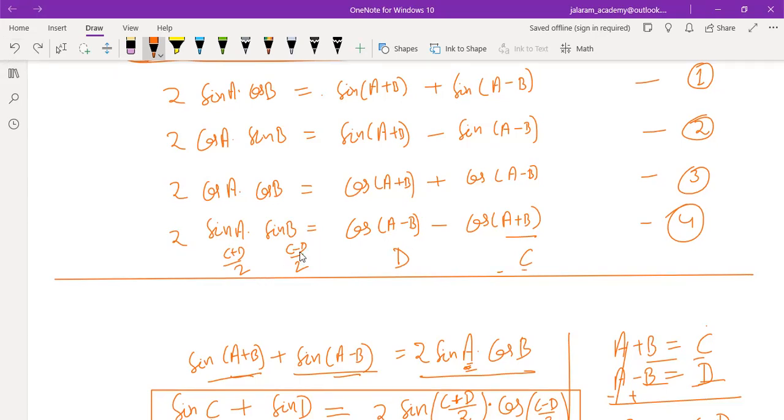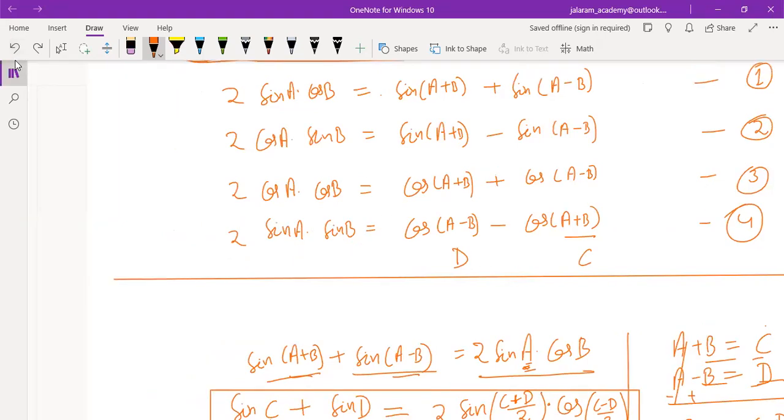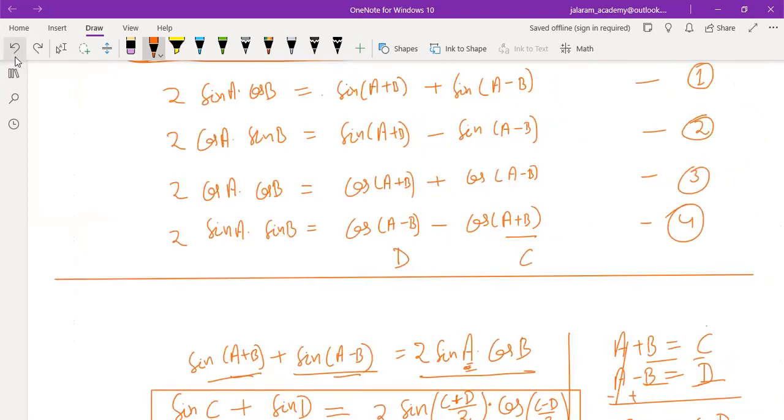Or one more thing, that we can change this (C minus D) upon 2 to (D minus C) upon 2. Is that clear to you? So what we write? Cos C minus cos D equals minus 2 sin (C plus D) upon 2 into sin (C minus D) upon 2.